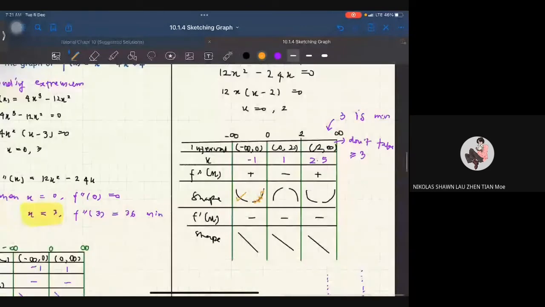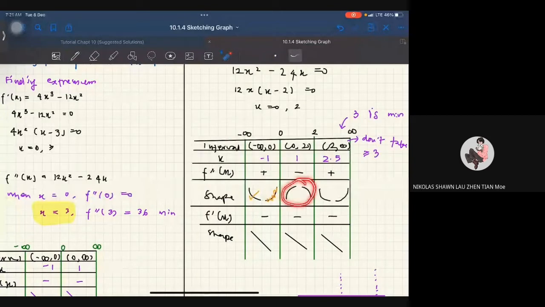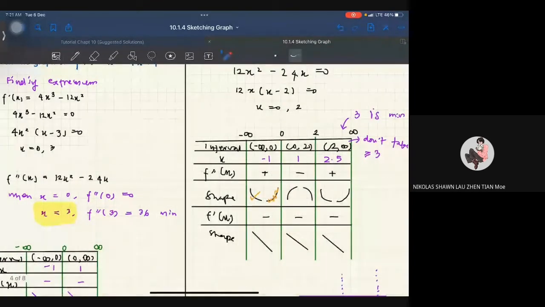Okay, so for the second one, we have this shape. So between the left and the right, which one is the negative gradient? The one on the left or the one on the right? The one on the right. The one on the right, exactly. Okay, so the one on the right, this one, has the negative gradient.